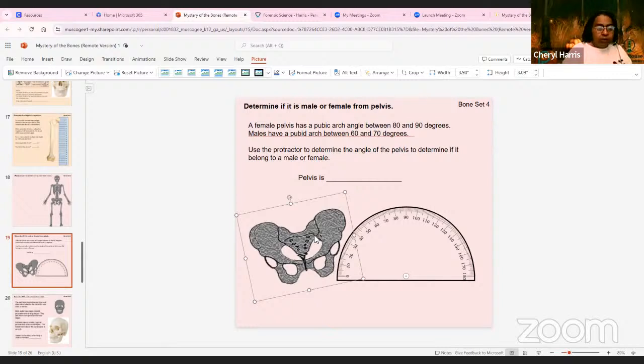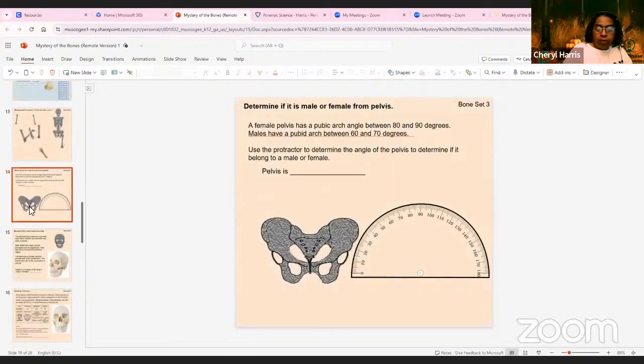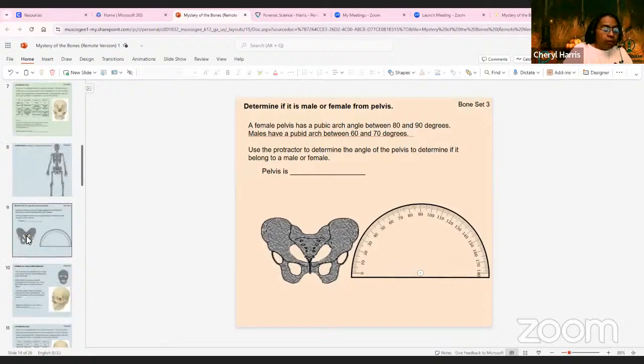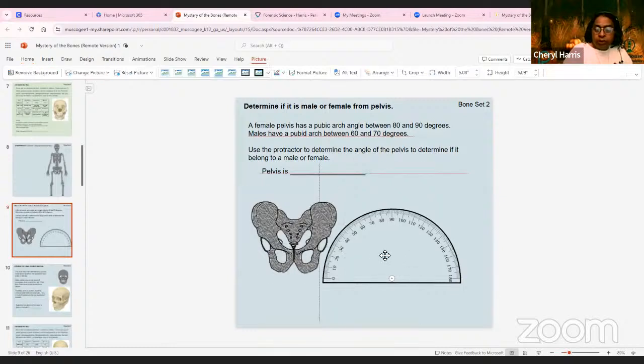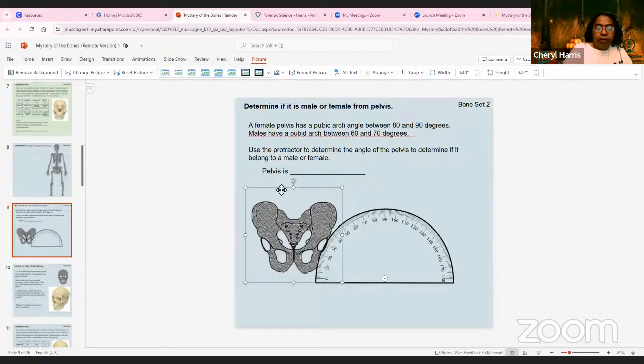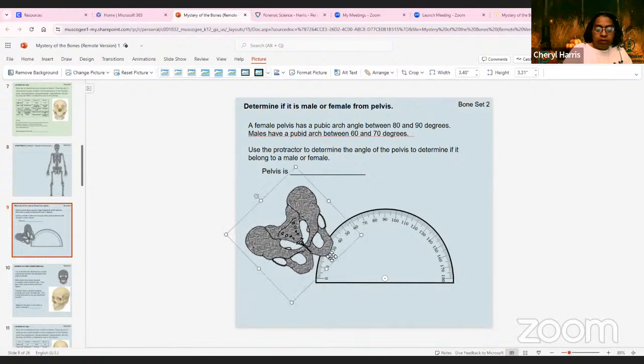Any other questions? Let's look at this one. Okay, let me look at this. This is bone set 2. This one looked like it was different. All right, so I'm going to rotate this pelvis.